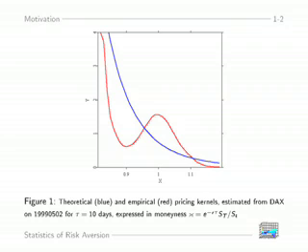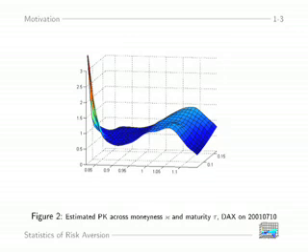We'd like to see what happens if we change the maturity. Here in this picture we have again DAX data, from July 10th, 2001. We estimate again the empirical pricing kernel across strikes and maturities, with strikes in moneyness and maturities in years. And we see again the increasing region for increasing values of the strike. This risk proclivity region is also present if we go to longer maturities.